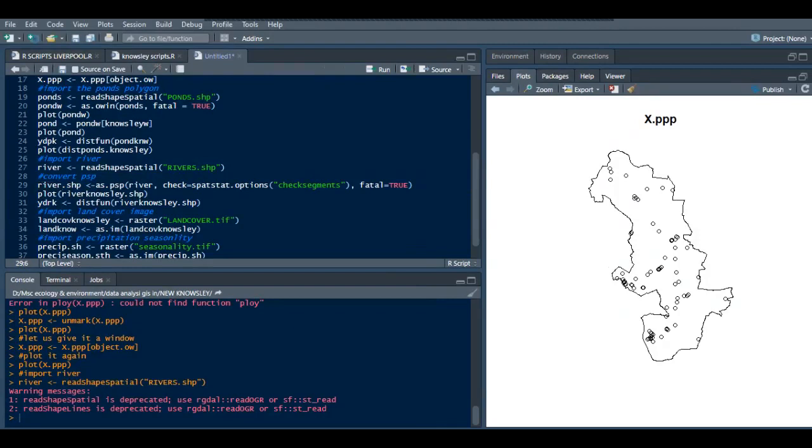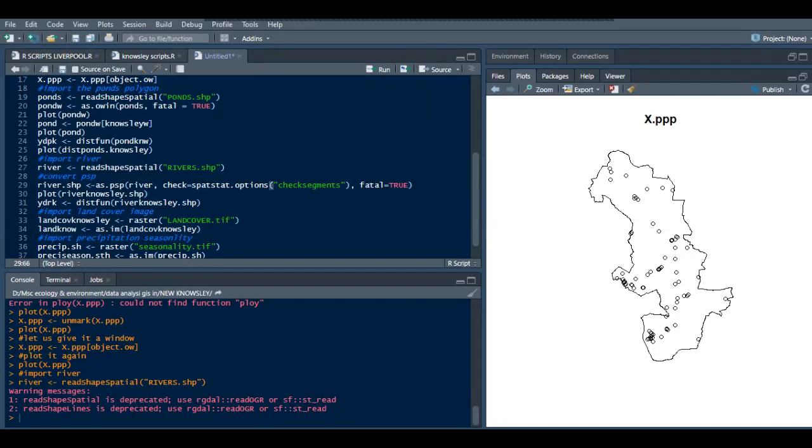It is line segments into a shape, a SHP file extension, which I've already written here, and we use the Spatstat option to check the segments. Checking the segments means we need to treat each segment as a single line, and then we use as factor is true.